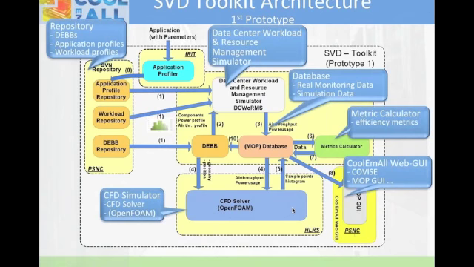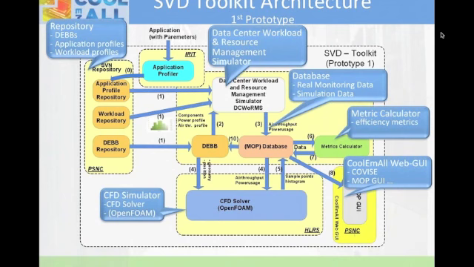So the overall architecture of this prototype is presented in this figure. What we have is, first of all, an application profile, which is capable of capturing characteristics of different applications, which later on can be simulated with the data center workload and resource management simulator.